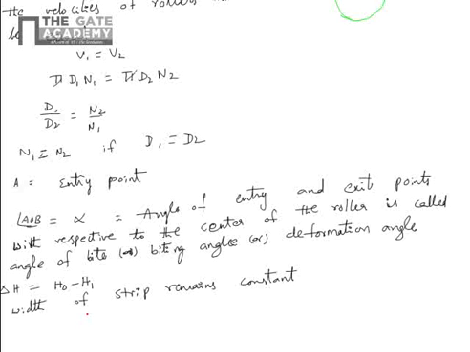So from triangle OAB, cos alpha equal to OB by OA. So what is OA? OA is nothing but the radius of the roller. What is OB? OB is nothing but radius minus delta H by 2.